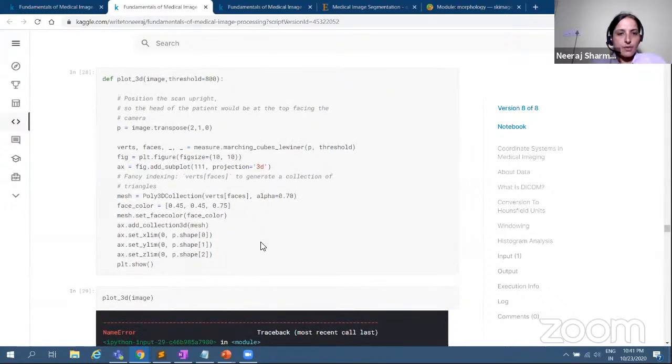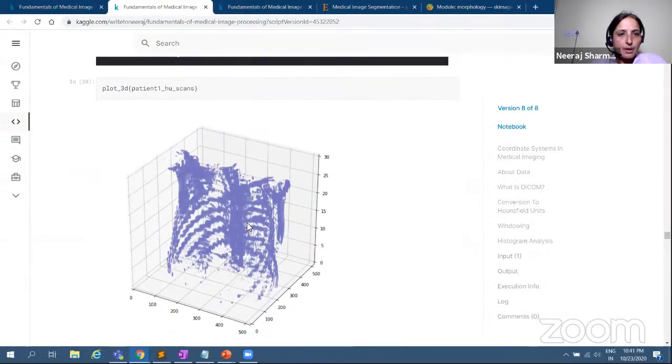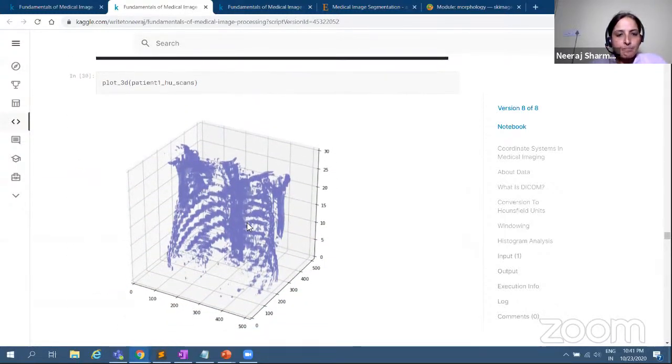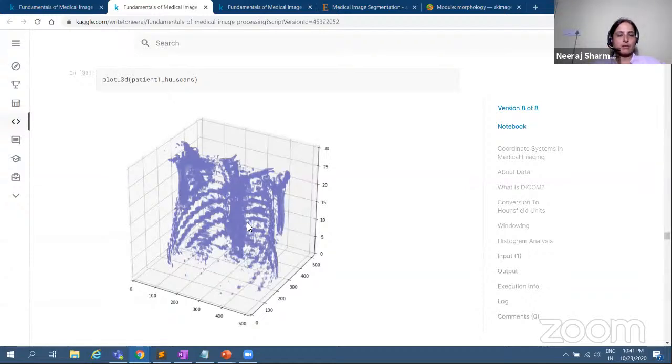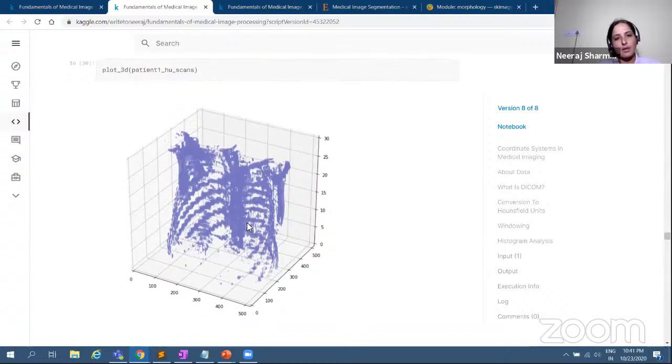For 3D, it takes the Poly3DCollection. This is a method I have taken from one of the other references. It is a very standard method and I have used the same thing. Here is the plot of the HU scans, and this is how the 3D plot looks.